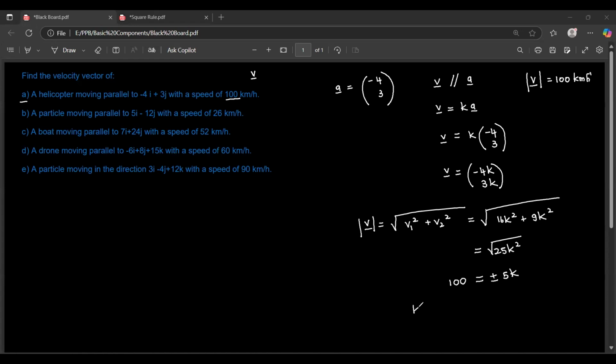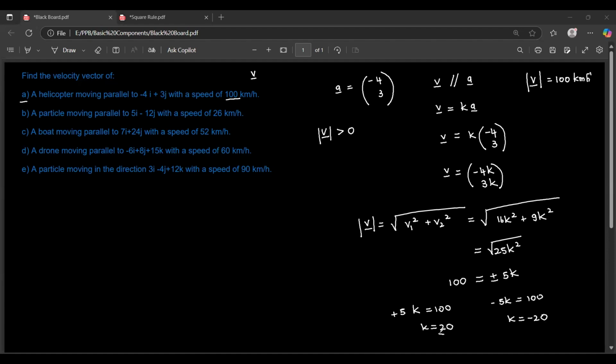If plus 5k is equal to 100, k is equal to 20. That will also satisfy if minus 5k is equal to 100, k is equal to minus 20. k can have multiple values.